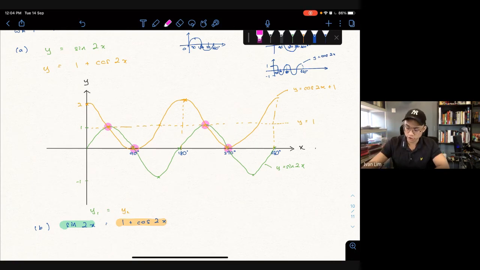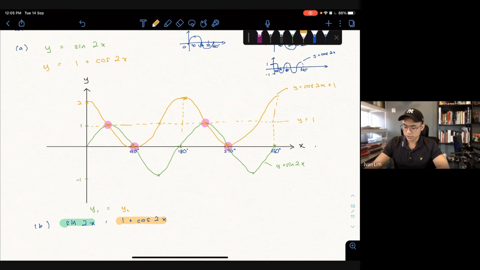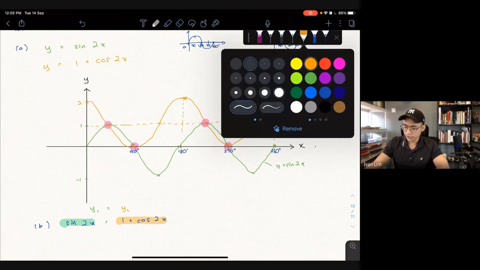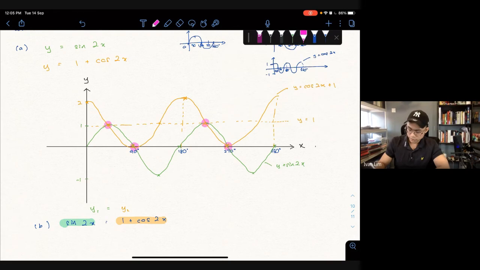Imagine the orange color line, maybe you draw it a bit higher, so it won't be accurate already. So for the answer, after you count, you just need to write: number of roots equals 4. The number of roots for this equation that they're trying to solve is 4.